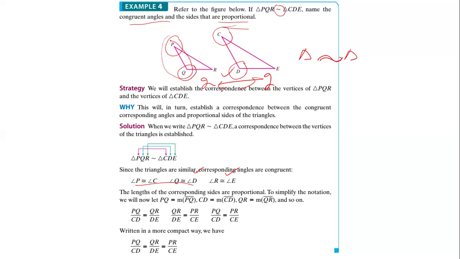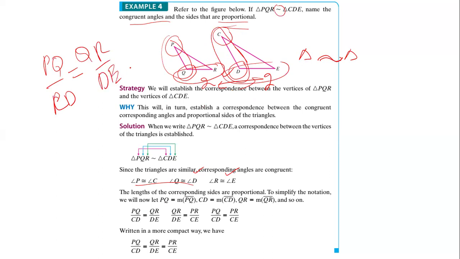Side proportional का क्या मतलब है? Side proportional का मतलब इसका ये side PQ, ठीक है, इसके मुकाबले में है इसका ये साइड सी डी, तो मीन पी क्यू और जो है सी डी ये इक्वल होगा. अब कोई सी दो साइड्स अदर लें, क्यू आर, डी ई, क्यू आर एंड डी ई, its ratio will be same.